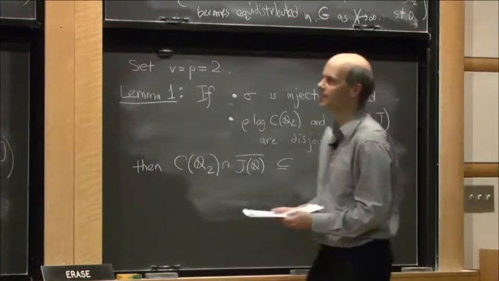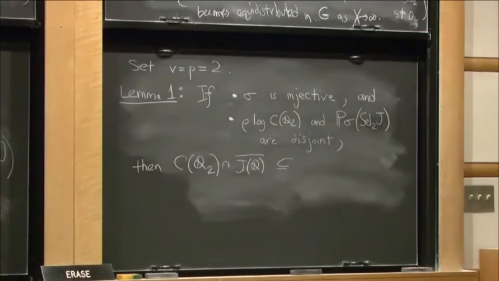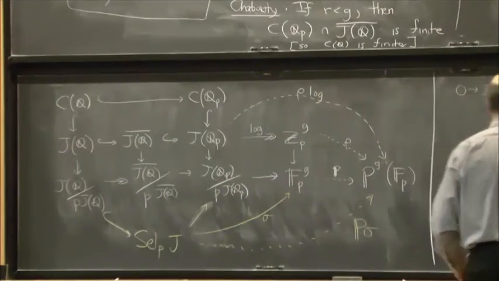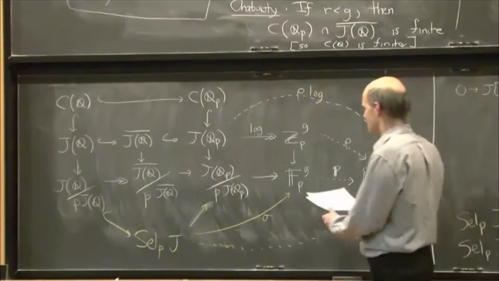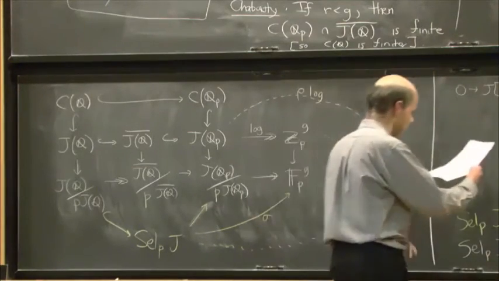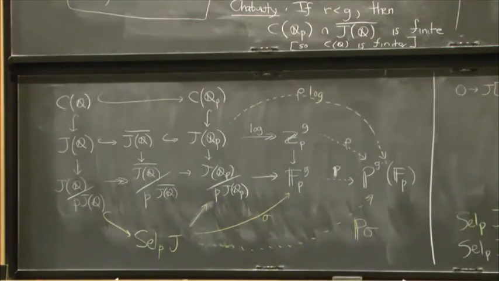Well, actually, it does see a little bit about the torsion points of 2-power order, but it completely forgets about the odd torsion points.